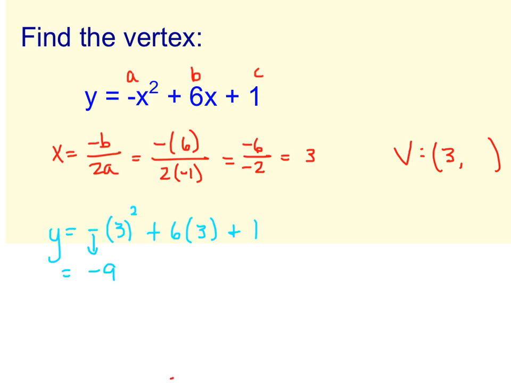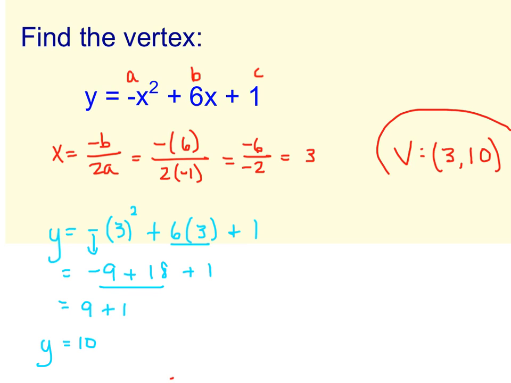It ends up as -9. Plus 6 times 3 is 18, plus the 1 on the end, and then -9 plus 18 is +9, plus 1, which gives us our y value equal to 10. So over here we can fill in the y value is 10. And that is how you find the vertex of a parabola.